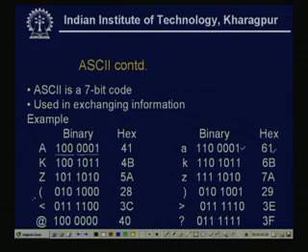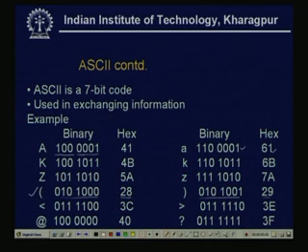It is easy to express them in hexadecimal because it is smaller in size, so the hexadecimal values are also given. The opening parenthesis has hex 28, and the closing parenthesis has hex 29.